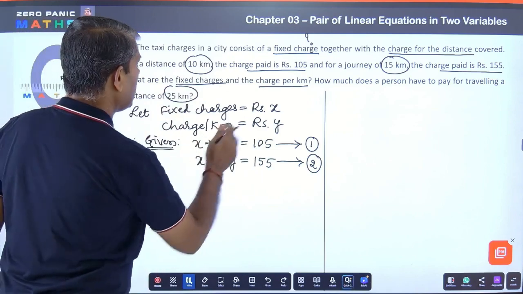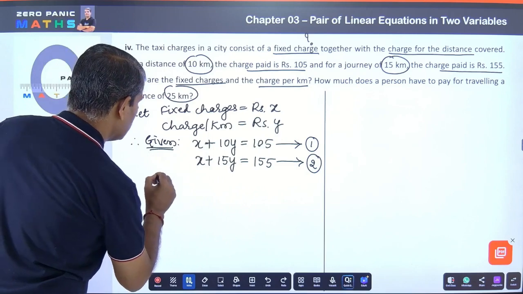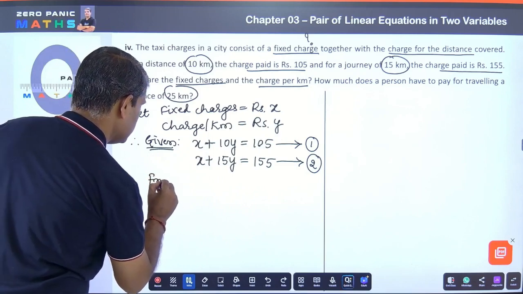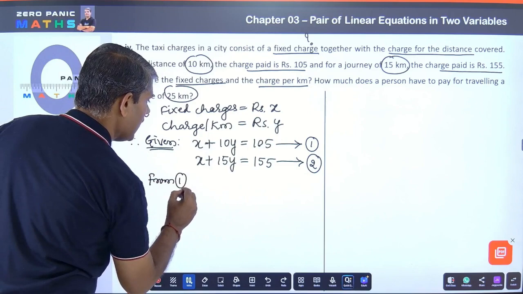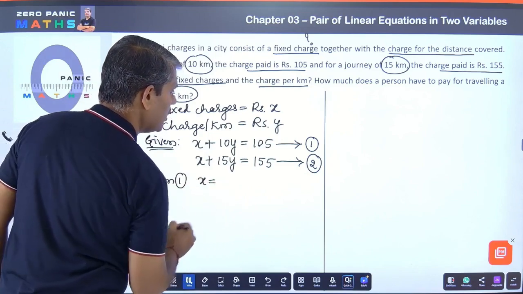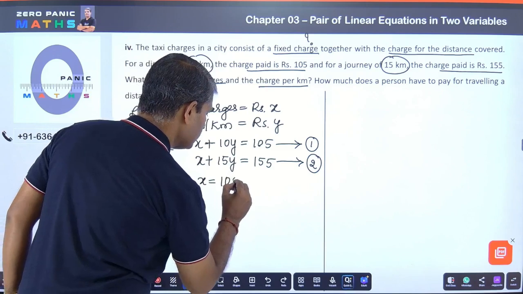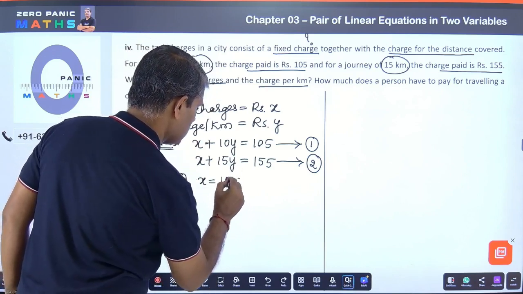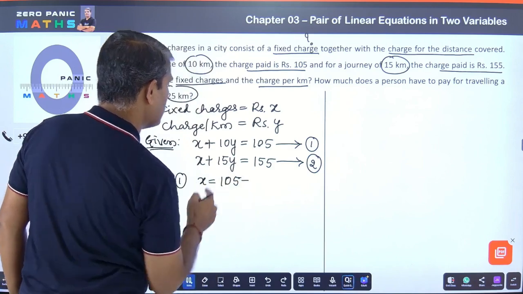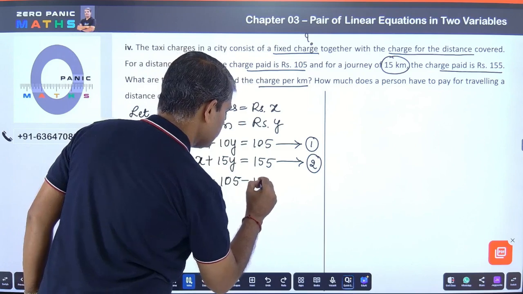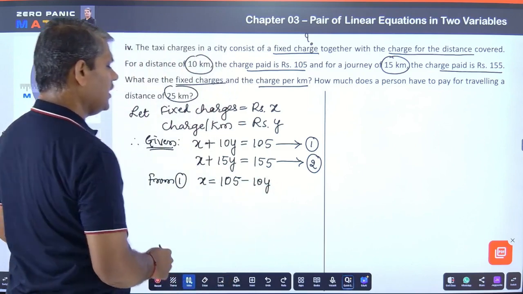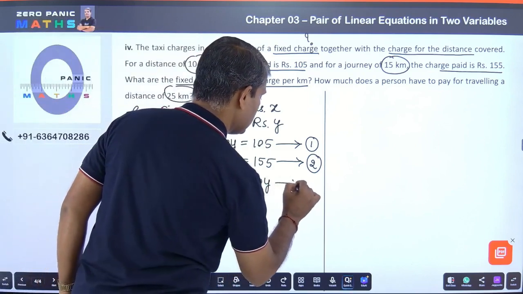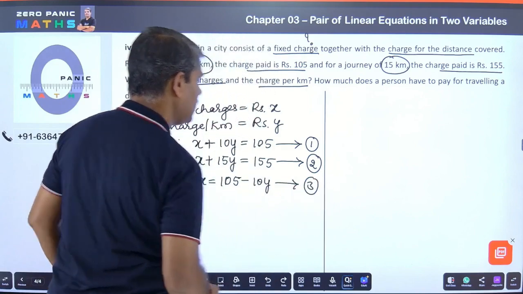Now from equation 1 what can I do? From 1 I can say x is equal to 105 minus 10y, right? 105 minus 10y, that is equation 3.